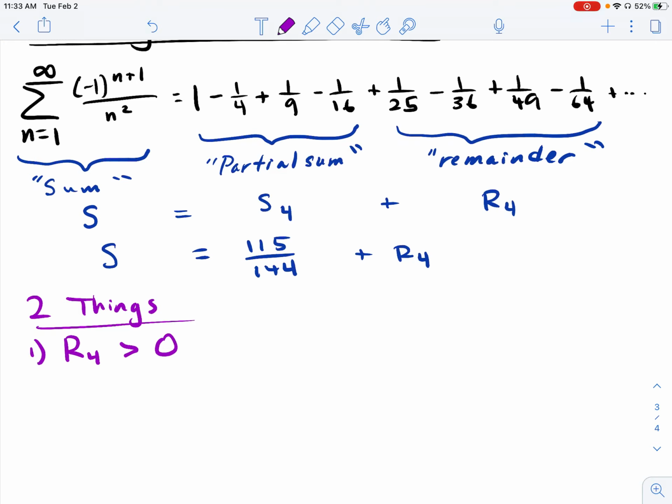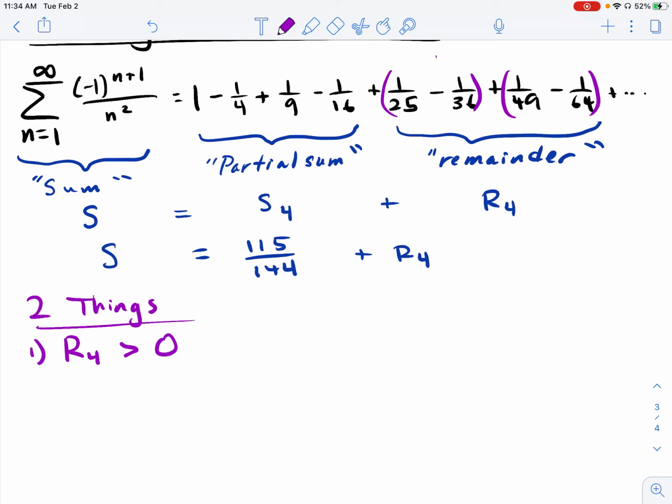Hopefully you've had an opportunity to think about that. One way of viewing our remainder is to see it as the difference of a bunch of pairs of numbers. For example, look at the way I've paired it: 1 over 25 minus 1 over 36. I'm taking a value and subtracting from it a smaller value. I know it's smaller because my numerator is the same, but my denominator is larger, which makes the whole ratio smaller.